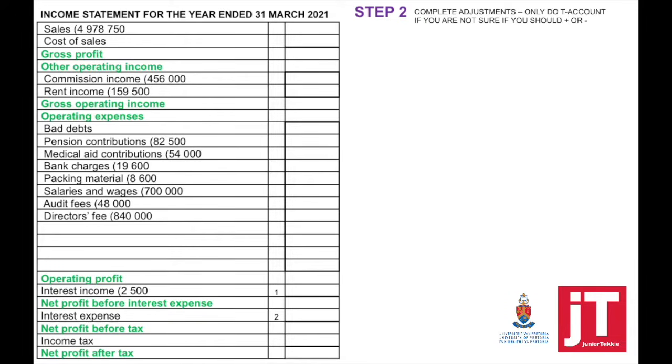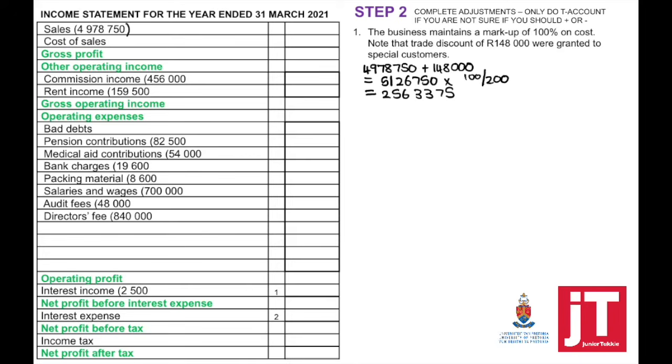Otherwise, what we need to do now is we look at the adjustments and we are going to adjust all the totals that we've already written in the income statement. Reminder that there are year-end adjustments which we do not have in the pre-adjustment trial balance, which should be included, like my depreciation, trading stock surplus or trading stock deficit, provision for bad debts adjustment.